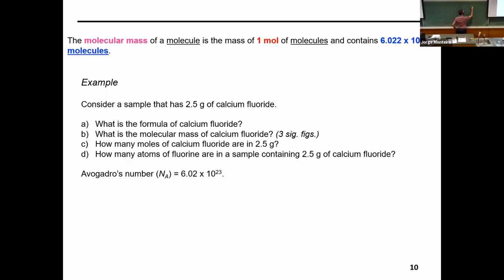Plus, attention here, we have 2 moles of fluorine in the formula, 2 times the mass for fluorine, 19.0.